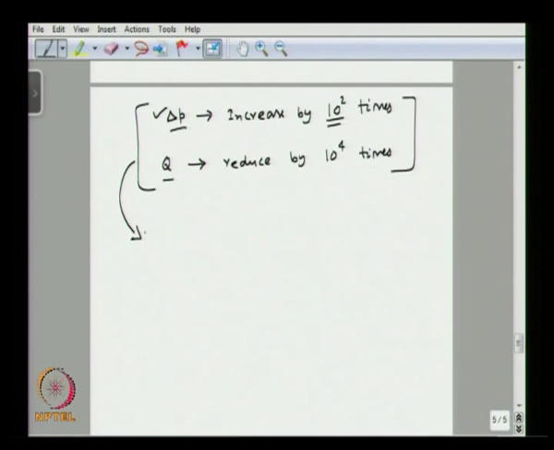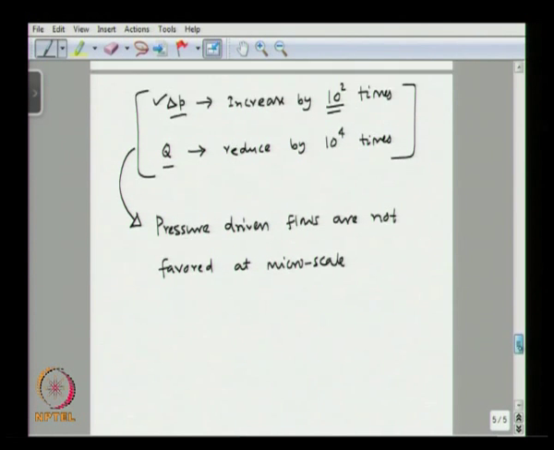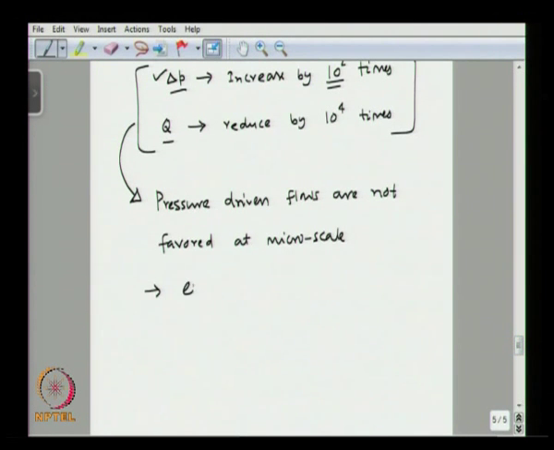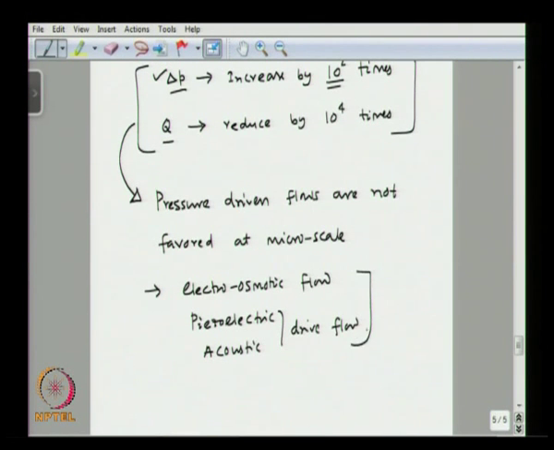Because of this reason, pressure driven flows are not favored at micro scale, and electroosmotic flow, piezoelectric or acoustic driven flow are used.